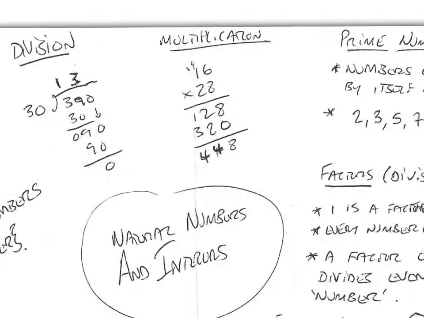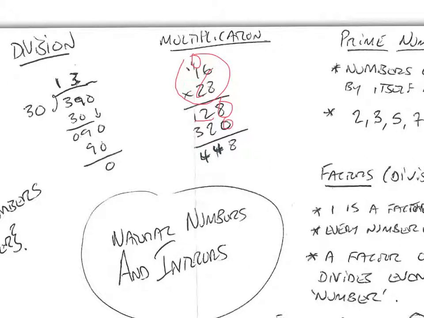And if we now look at a multiplication problem, something like 28 times 16, well, we say 8 times 6 is 48, so we write down our 8 and we carry our 4, and we say 8 times 1 is 8 plus the 4 is 12.